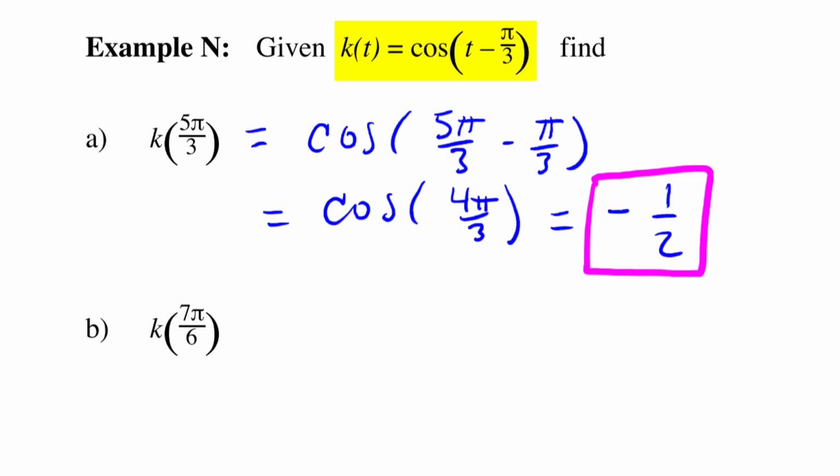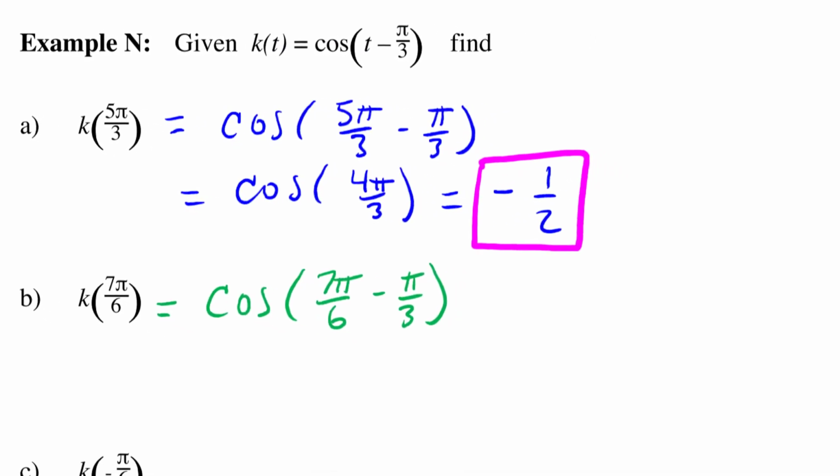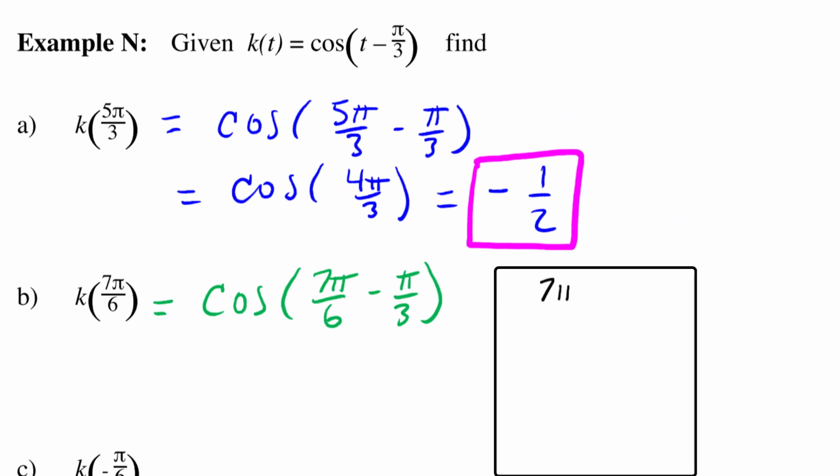In part B, k of 7 pi over 6 means we have cosine of 7 pi over 6 minus pi over 3. Ooh, to subtract, we need common denominators. So let's do that off to the side here. Common denominator of 6, so 7 pi over 6 minus pi over 3. We'll multiply that by 2 over 2. That'll get us a common denominator so we can subtract.